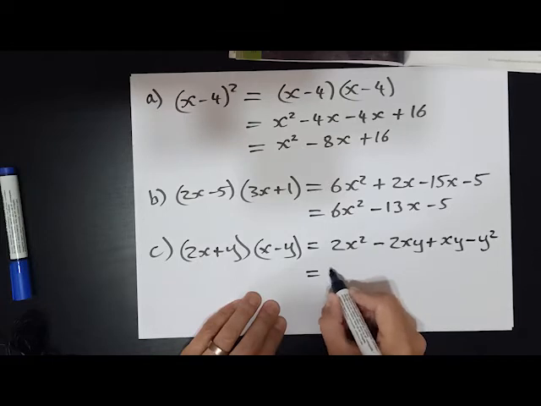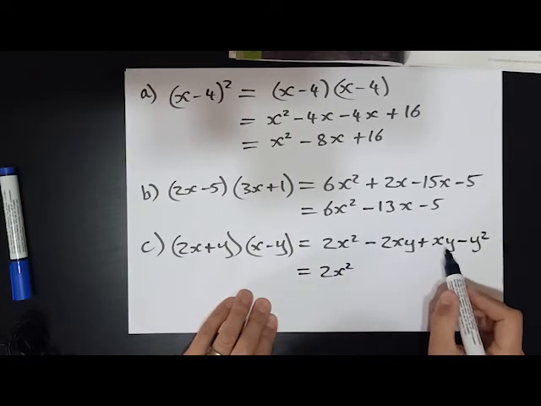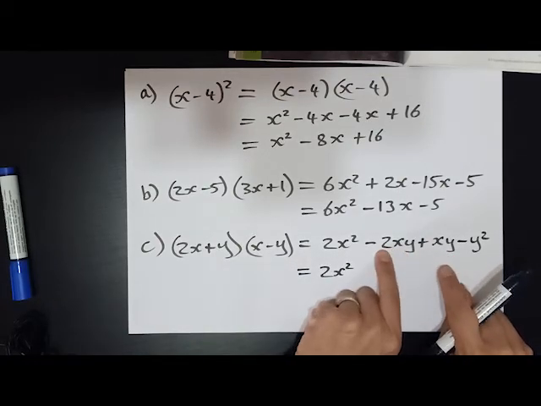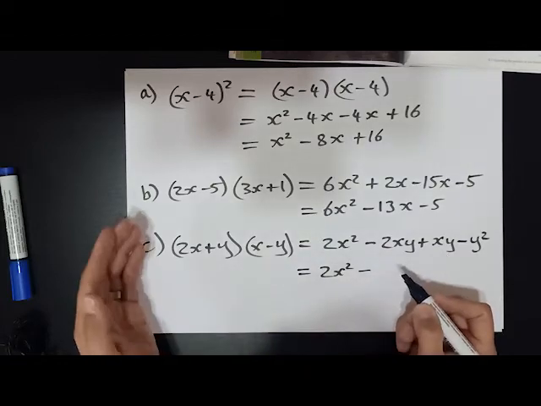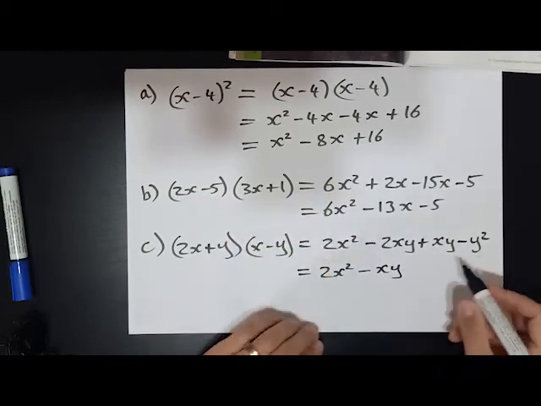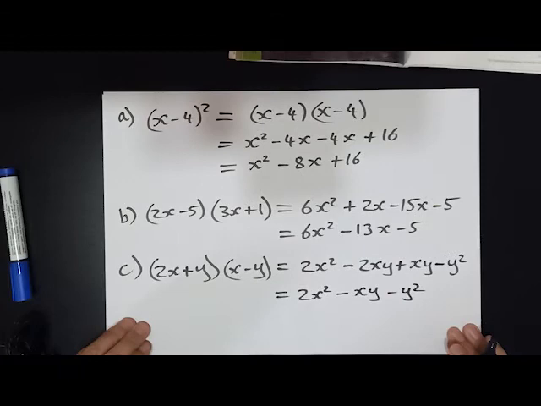Okay, so that equals 2x squared minus 2xy plus xy. So xy is the thing. Here there's minus 2 of them. Here there's plus 1. So minus 2 plus 1 is minus 1, but we don't put the 1 in. Okay, so there's the 3 examples.